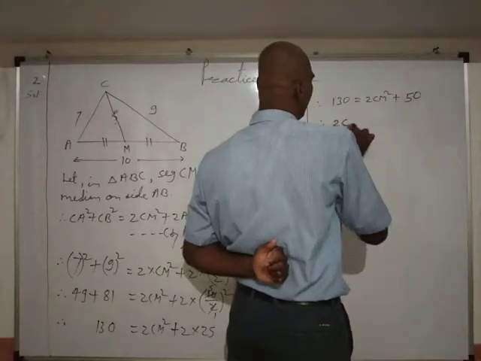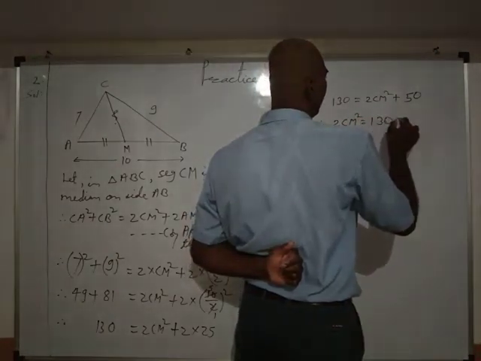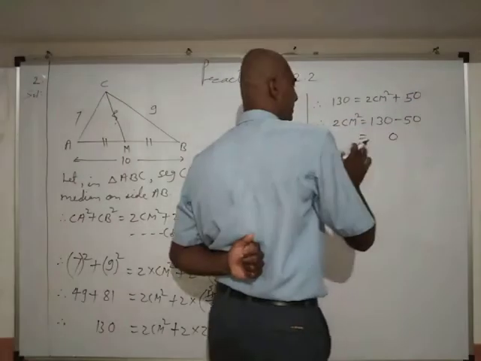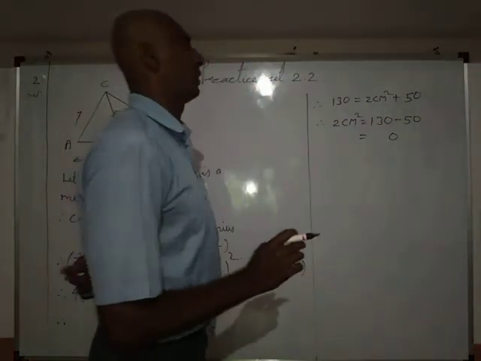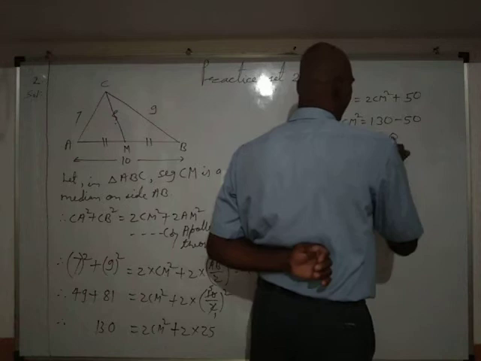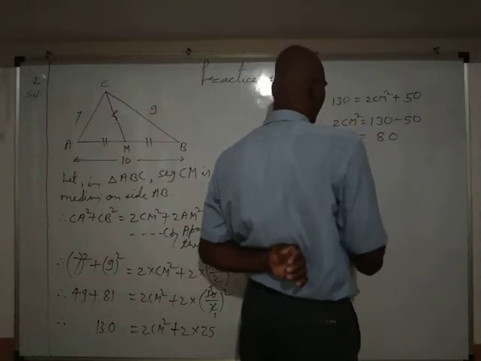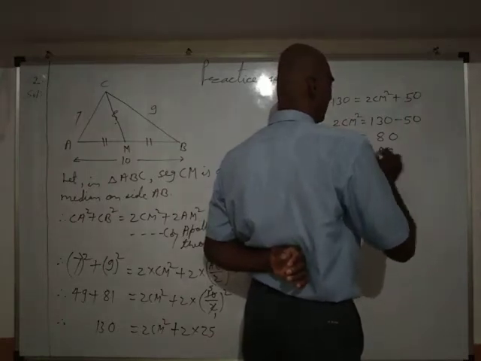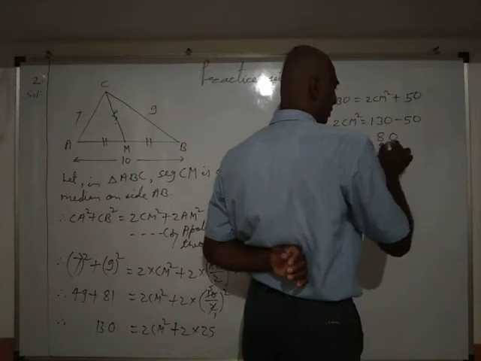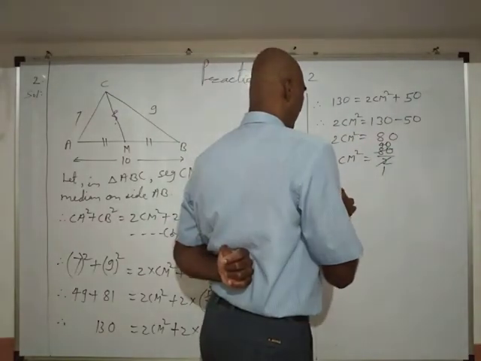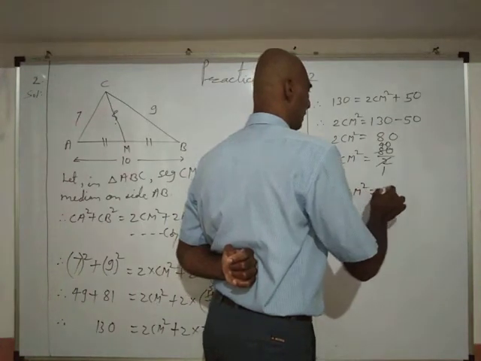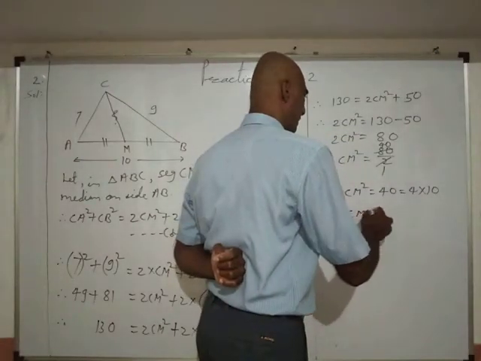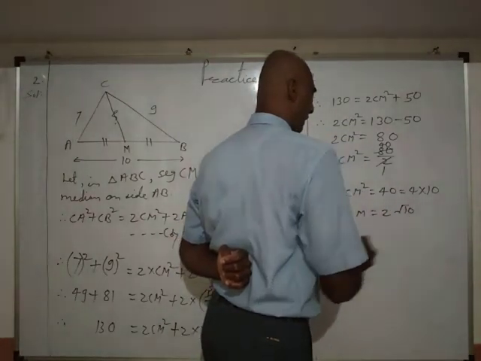And therefore 2CM square equals 130 minus 50, that is 80. 2CM square equals 80, and therefore CM square equals 80 upon 2, that is 40, equals 4 into 10. And therefore CM equals 2 root 10.